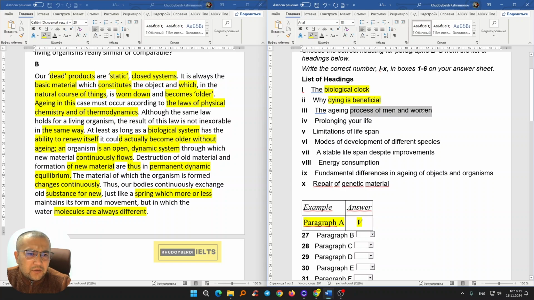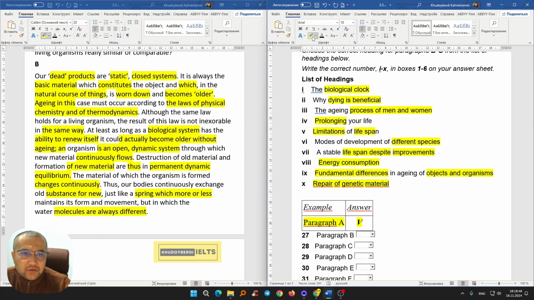Aging process of men and women, prolonging your life, limitation of lifespan, modus of development of different species, stable lifespan despite improvements, energy consumption, fundamental difference in aging of objects and organisms, repair of genetic material. So if you just pay attention here, you can see the 9 could be an answer.